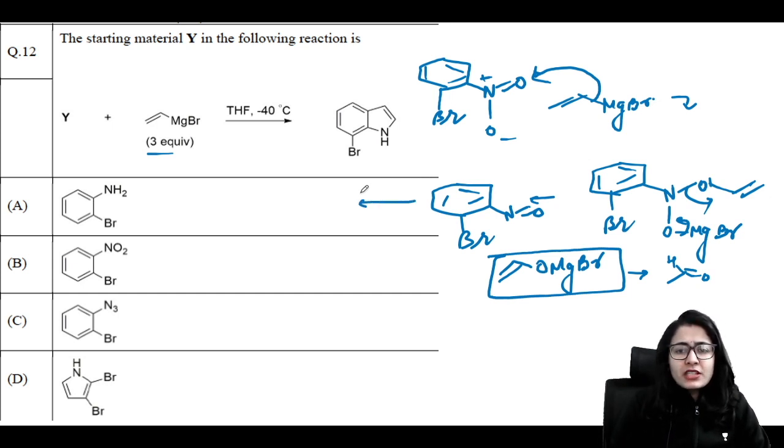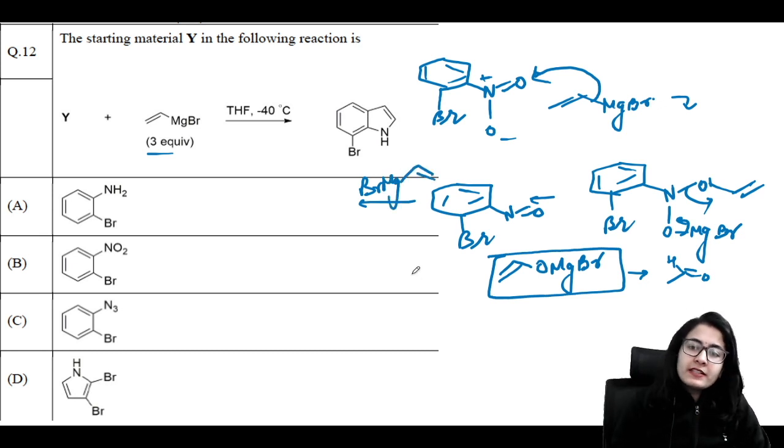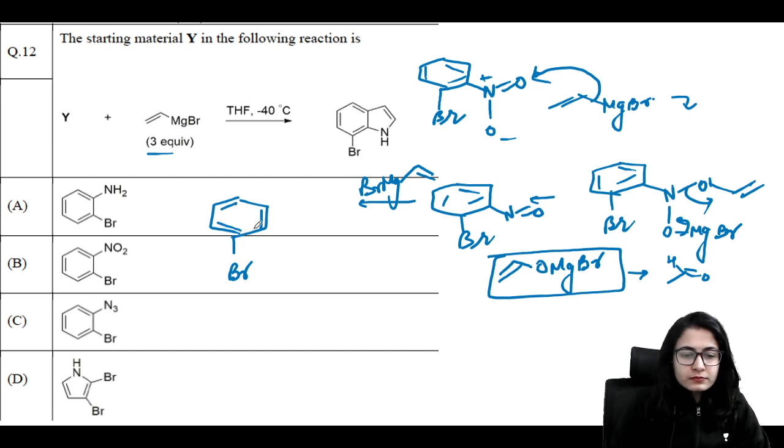Next, another Grignard, vinyl Grignard, is going to attack on the oxygen once again. Let's see how it looks. If it is going to attack on the oxygen, the double bond opens up on nitrogen.